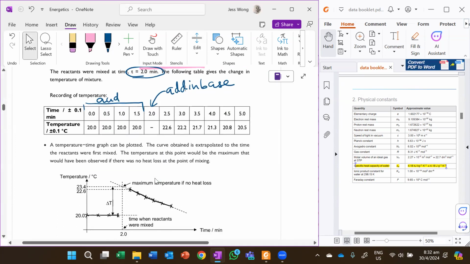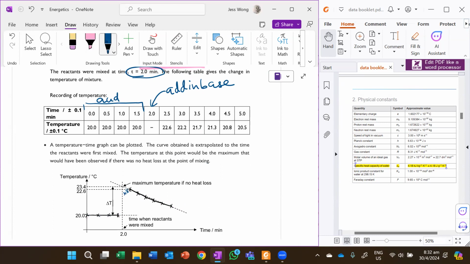So what do you mean by enough data? We need enough data to get the cooling portion of the graph. The first portion, up to the first 1.5 minutes, is just the temperature of the acid, so it's quite constant. The moment at 2 minutes you add in the base, the temperature shows an increase.